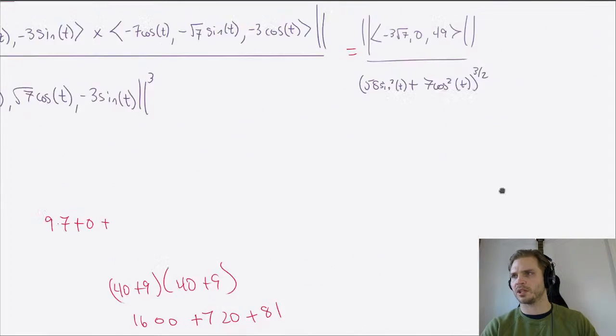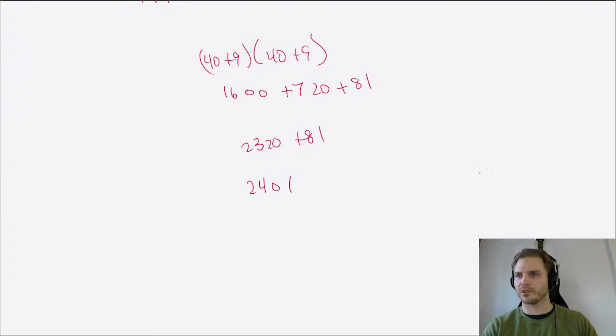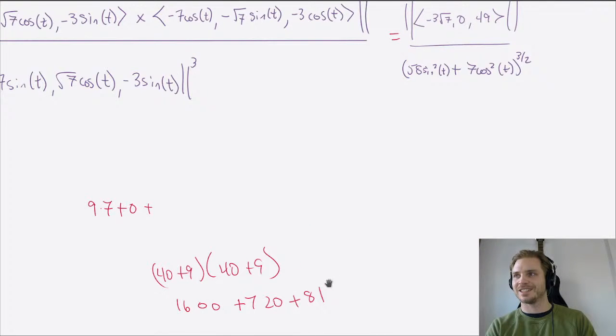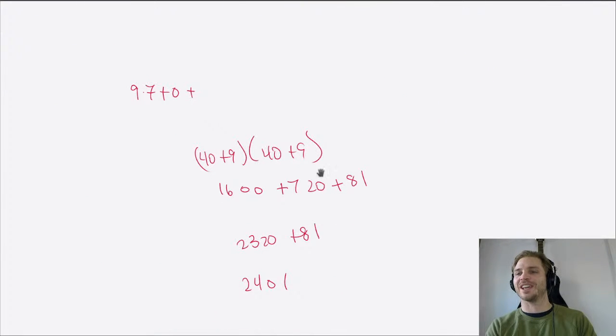And we have to take the square root of that. Is that a perfect square? That would be too easy. It's not divisible by 3, 2401. Oh, of course it's a perfect square, man, I'm losing my mind. Why did I do that?